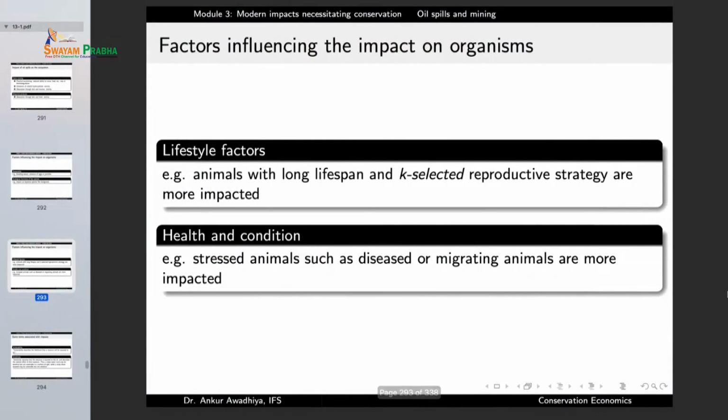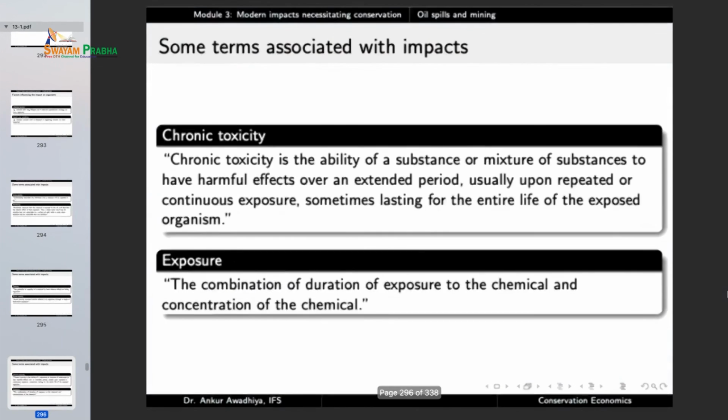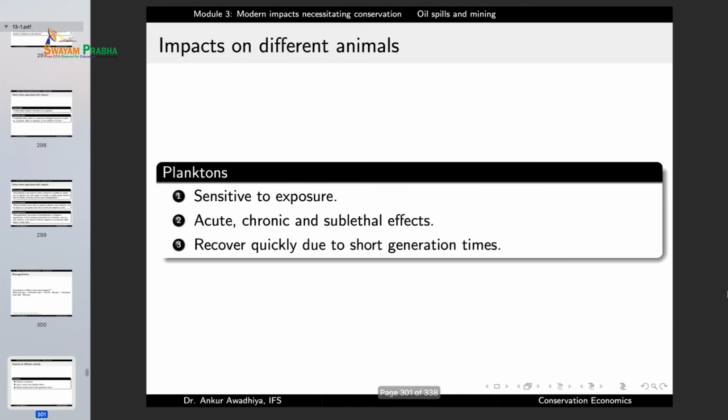So if there are organisms that get impacted in a crucial period of their life cycle, then the impact is much greater. Things such as young ones or eggs, they are much more easily impacted. Then health and condition, vulnerability, sensitivity. And so there are several impacts that we have of these oil spills.